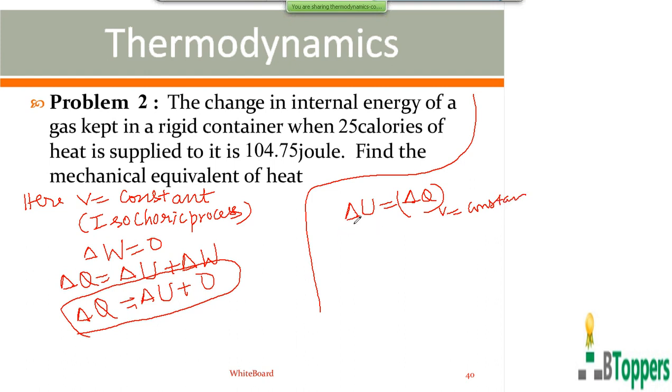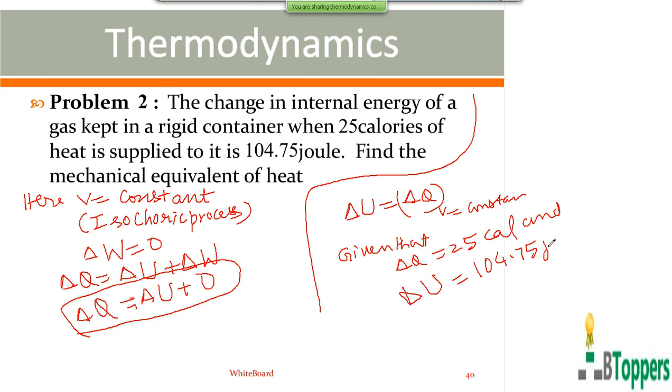So what is given is delta Q is given to be 25 calories, and delta U, the change in energy of the gas, is given to be 104.75 joules.